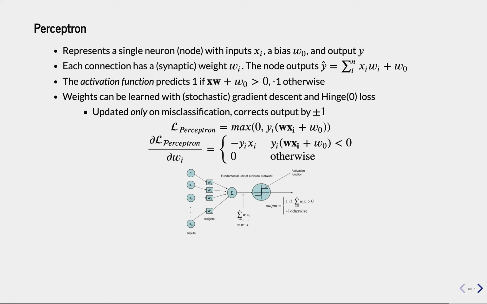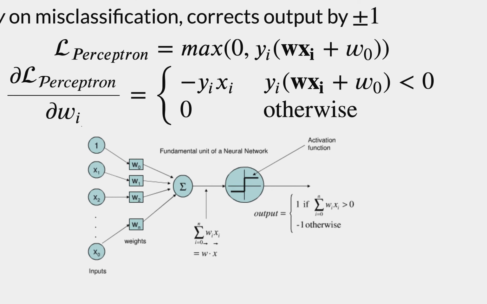Now, what is this perceptron? As you probably know, this represents a single neuron in a simple way. It has the normal inputs x, and this is the node. All of these inputs have a synaptic weight, and basically what we want to learn are these weights. This also has a bias, W0, and this is often represented by adding another input 1 so that we can learn this as another synaptic weight.